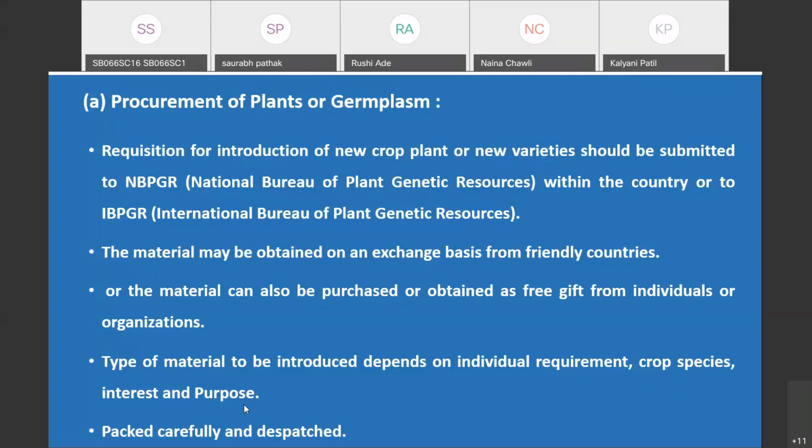Okay, suppose you are introducing a vegetatively propagated crop. Then in that case also there is no need to introduce the whole plant, only that vegetatively propagating organ, for example tubers or runners, suckers, stolons or bulbs.